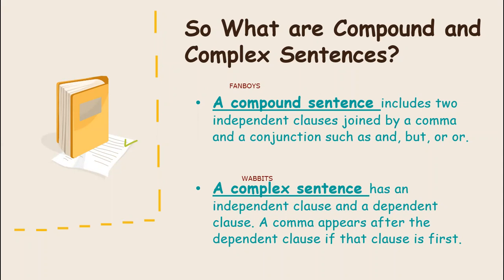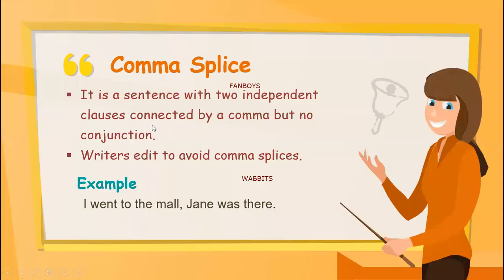A comma appears after the dependent clause if that clause is first. Very good. Thank you very much for your help. So that deals with the comma. Also try to remember very hard that compound sentences have fanboys, whilst complex sentences have what? Wabbits. They have wabbits, cute little wabbits.